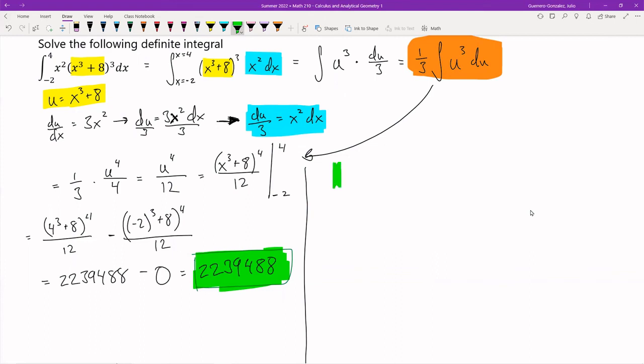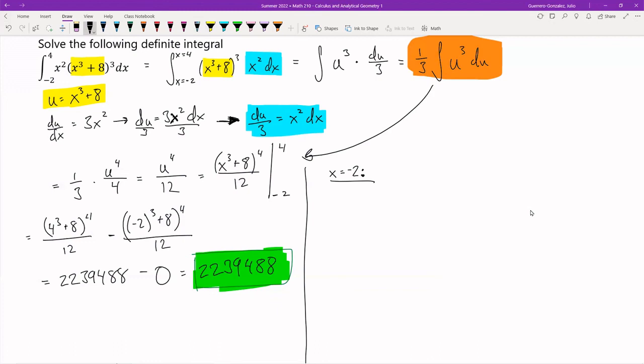So let's take the very first limit of integration. x is equal to -2, right? We know that u is equal to x cubed plus 8. So then we perform that substitution, right?